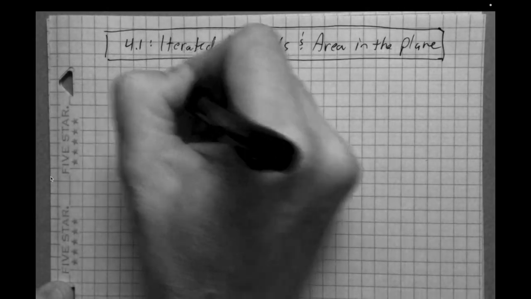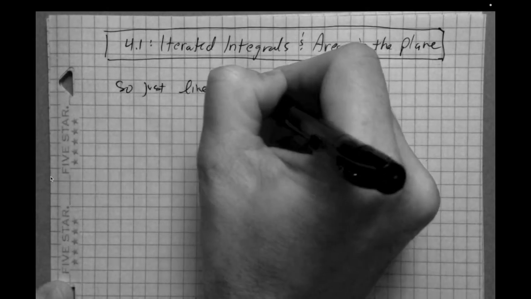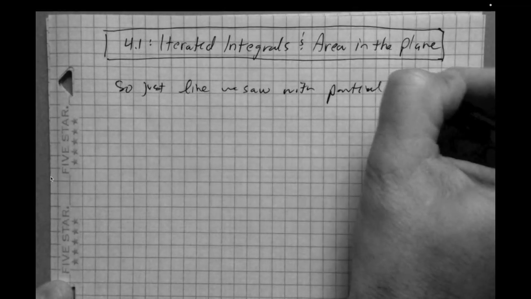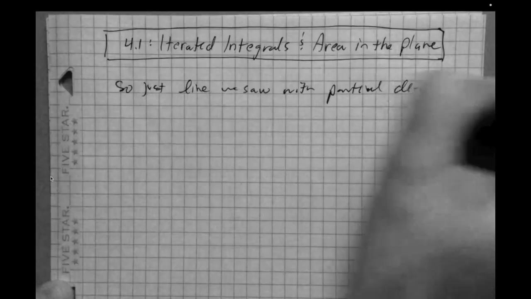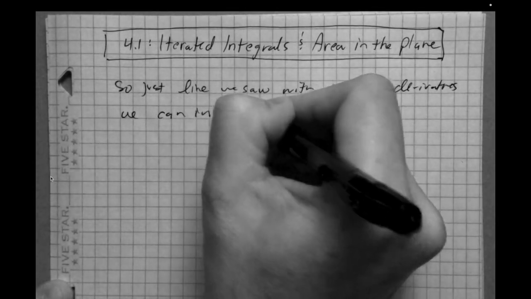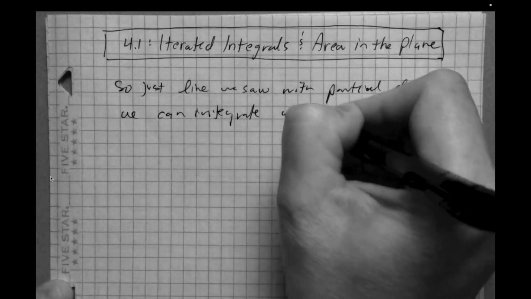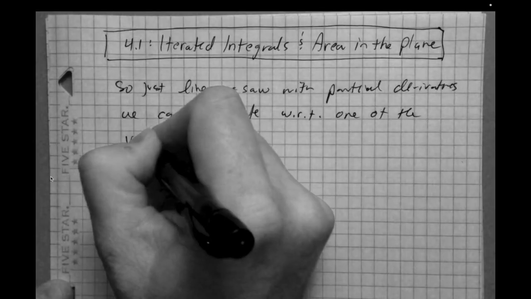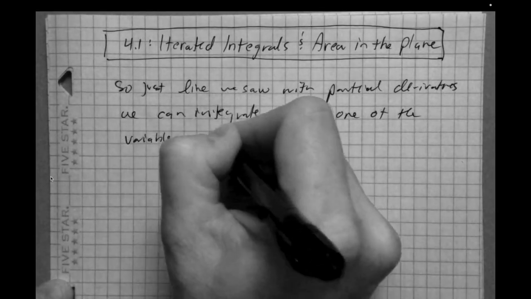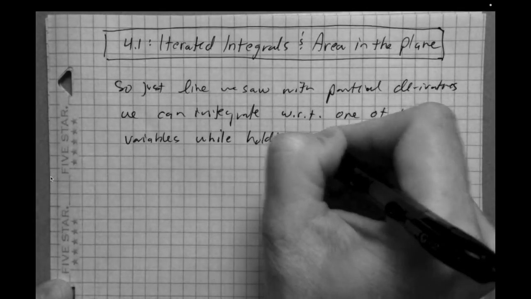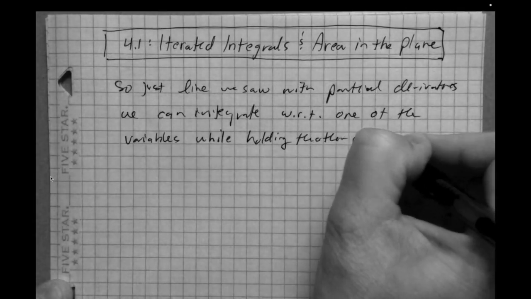Just like with partial derivatives, we can integrate with respect to one of the variables while holding the other constant. So what does that look like?